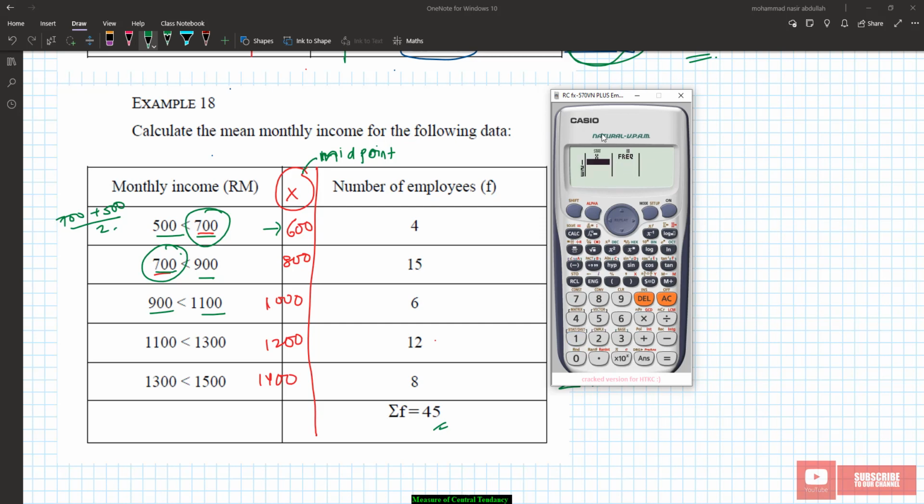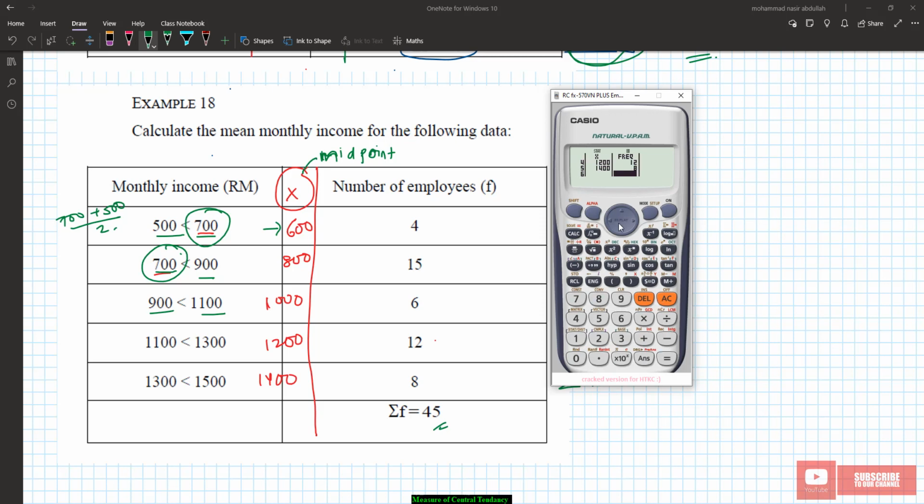You will get this screen. Once you have the screen, input the values: 600, 800, 1000, 1200, and 1400. Then input your frequency values: 4, 15, 6, 12, and 8.